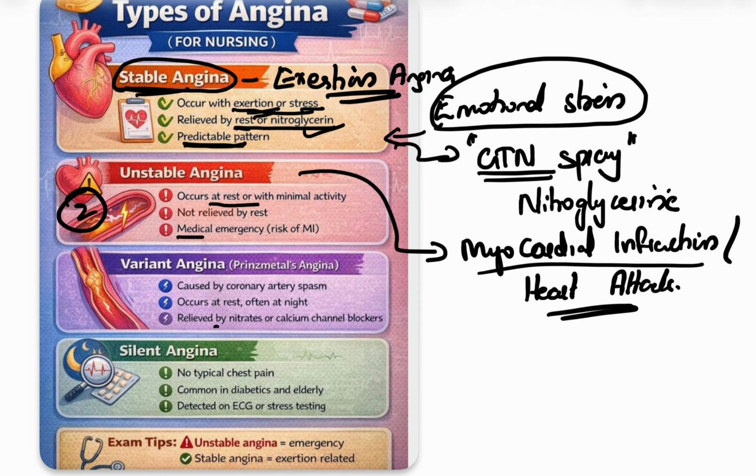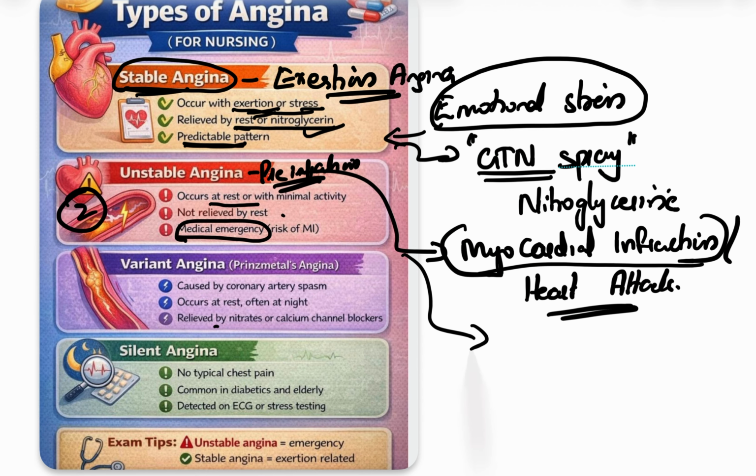So that is why it is a medical emergency. And that is also the reason why this is called pre-infarction angina, because there is a risk of myocardial infarction for a patient who has an unstable angina. And remember, this angina is never going to be relieved by rest. Rest or GTN is not going to help the patient who has an unstable angina.